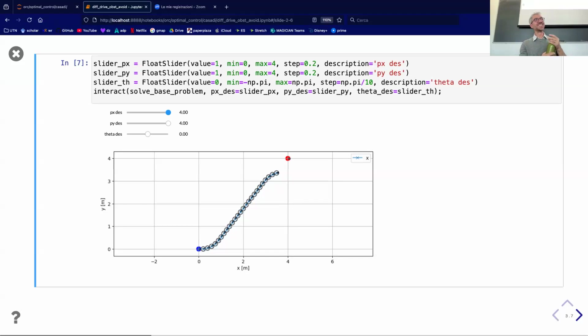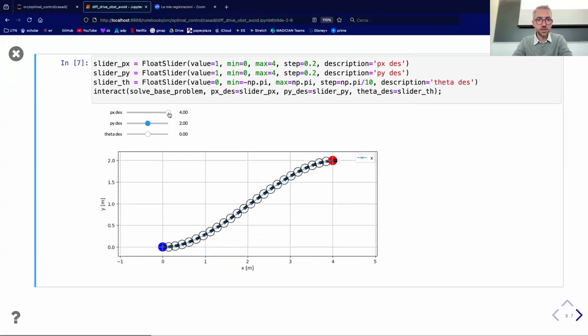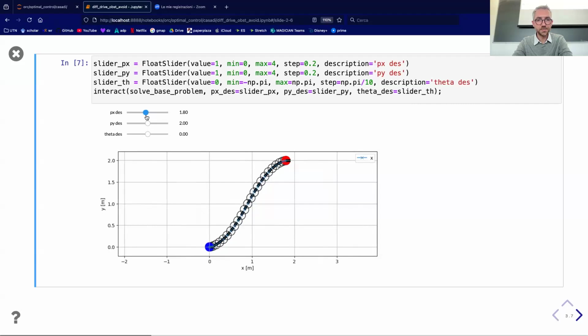No, 5 meters was correct. 5 meters, and now we're asking it to reach this point, which is more than 5 meters away from this point, because this is a square of side 4. So for sure the diagonal is more than 5. I cannot do that math in my mind, but pretty sure it's more than 5. So if we move it there, it's too far and it doesn't work, but that's okay. That should be expected.